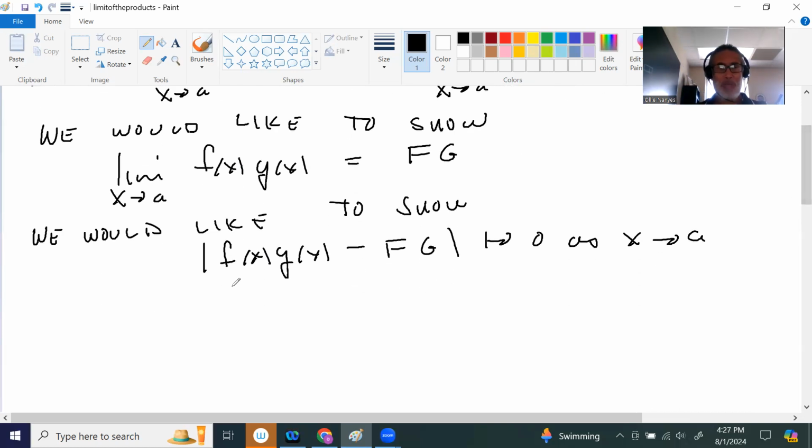So this means we're going to be examining this quantity here as we let x get very, very close to a. So how can we do this? How can we sort of nail it down? Now, this is a very common technique in mathematics where you're looking at this and you'd like to break this up somehow.